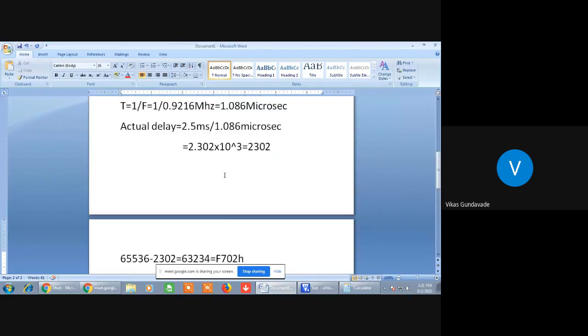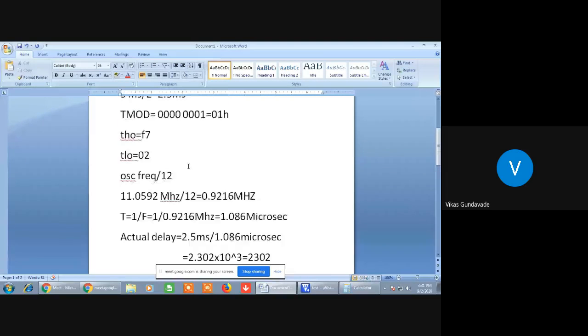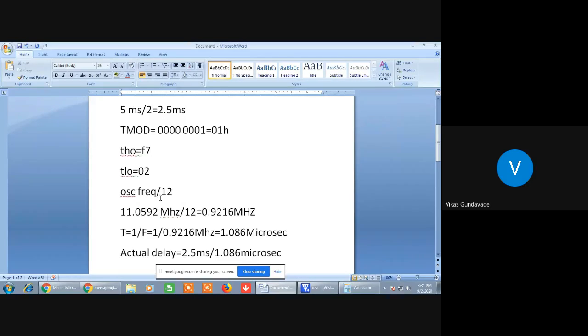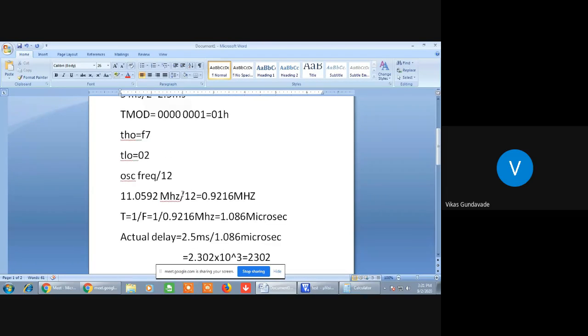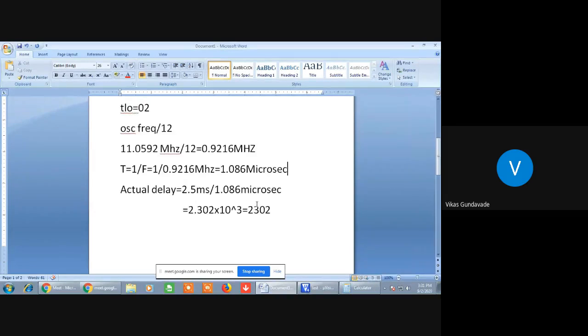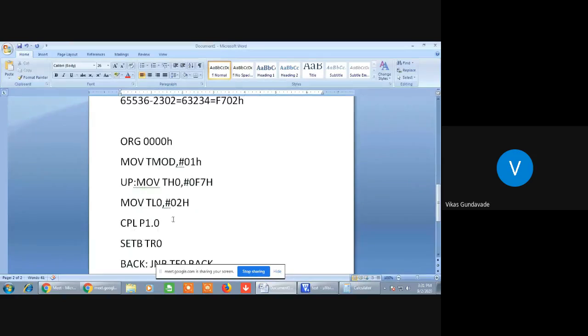This data we have calculated using this process: first the oscillator frequency divided by 12, then from that frequency we calculated the time for one T state, and the number of T states required for the 2.5 millisecond delay is obtained by dividing the actual delay required by the delay for one T state. According to that, we have calculated TH0 and TL0.